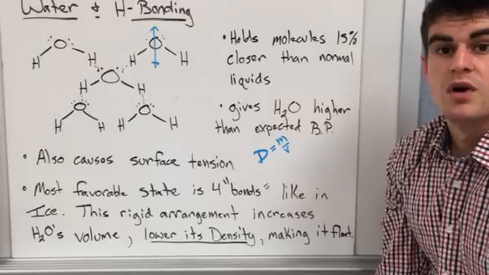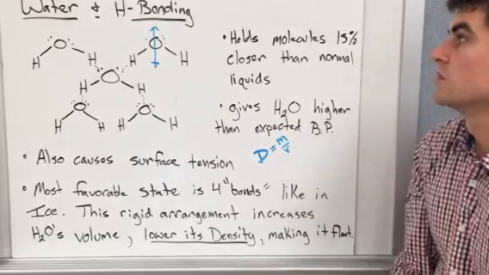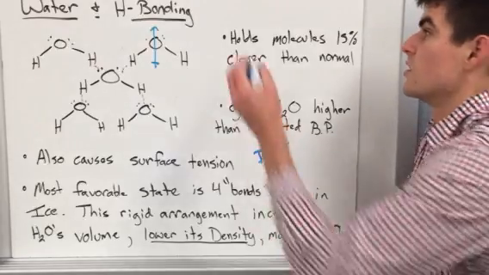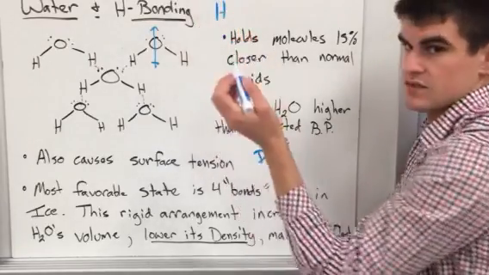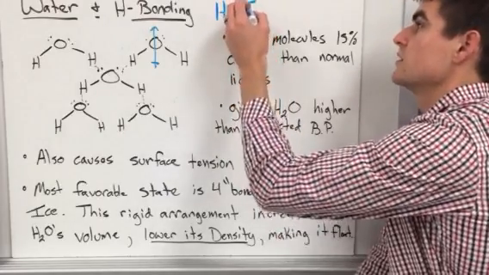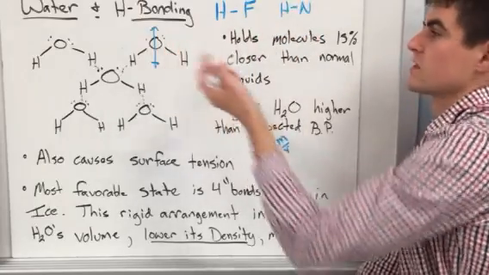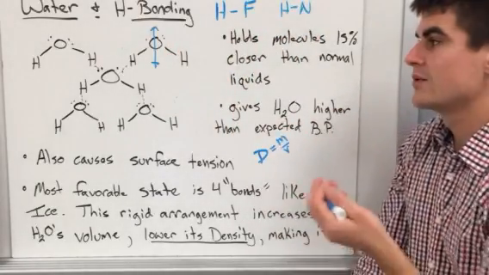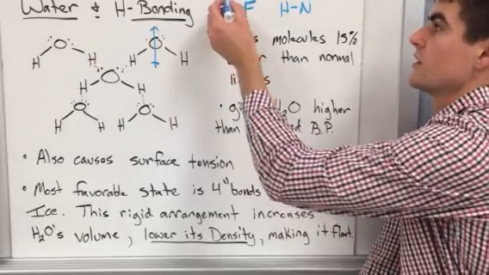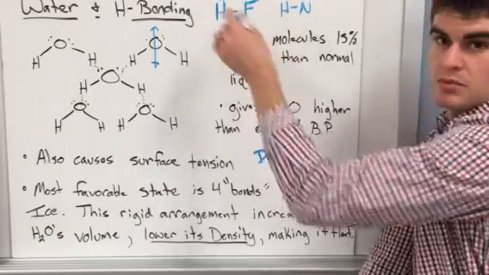When we talk about hydrogen bonding, it doesn't have to be water, but we use water as a big example. Really, for hydrogen bonding, all you need is hydrogen, hence the name, as well as something that's really electronegative, like fluorine or nitrogen, or in this case, oxygen. Fluorine wants the electrons more, so it's going to pull them, and we get this dipole.